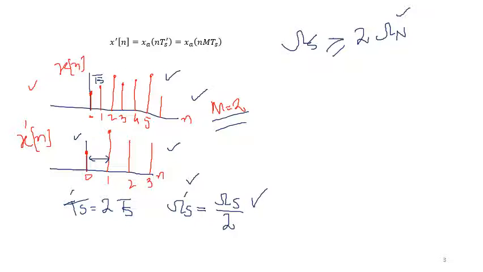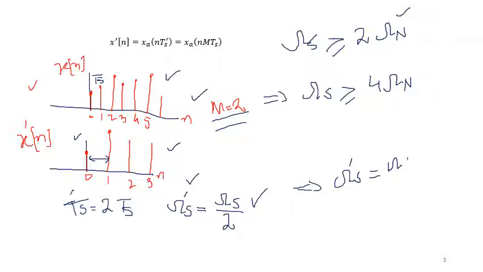So if in the original case the sampling frequency is, for example, 4 times omega m, then in this case the sampling frequency omega prime s is equal to half of omega s.